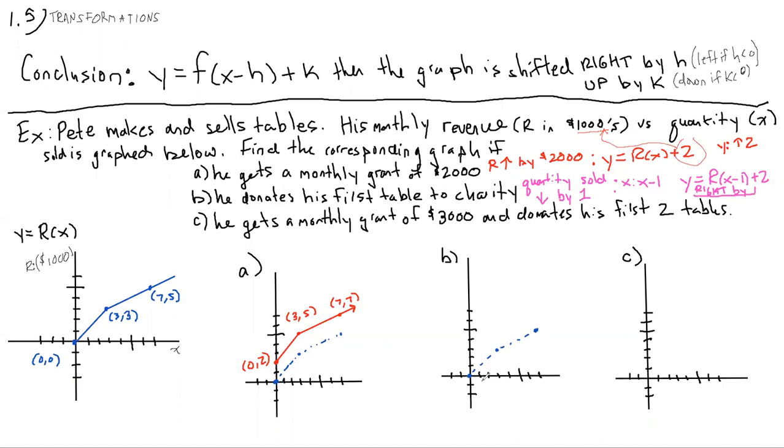So that 0 point is actually now going to go to 0, 1. So the x gets moved to the right by 1. 3, 3 is going to become 3, 4. I'm getting those completely backwards. Sorry, that's 4, 3.